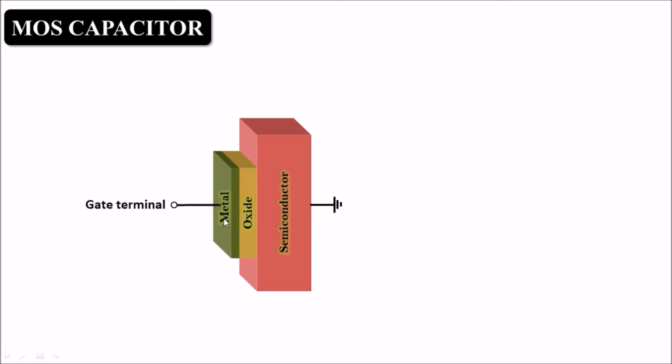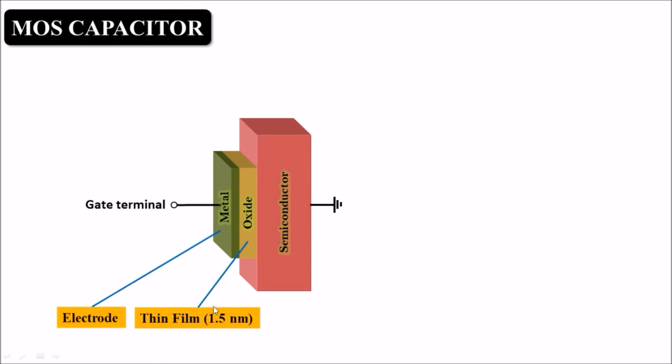The metal will be used as an electrode, the oxide will be a very thin film of around 1.5 nanometer and will be used as an insulator, and the semiconductor will be the body of this MOS capacitor. The name MOS comes from the first letters of metal, oxide and semiconductor.